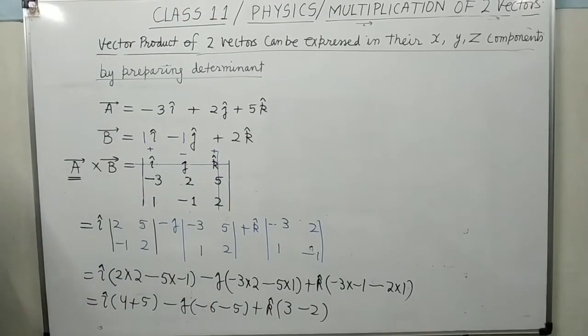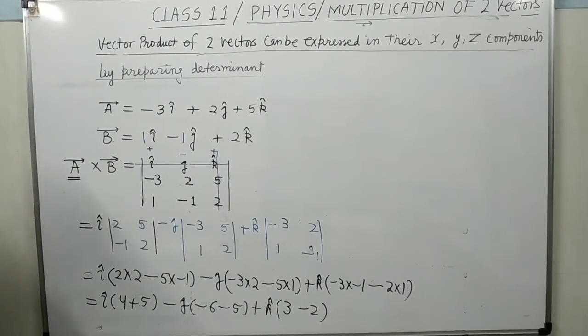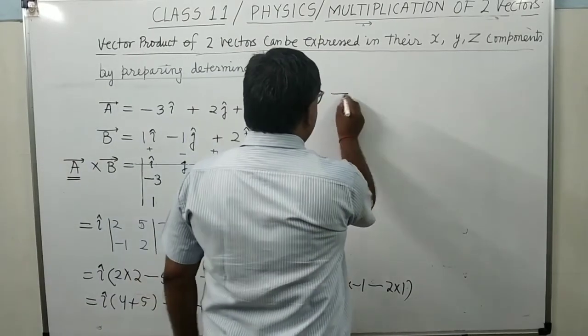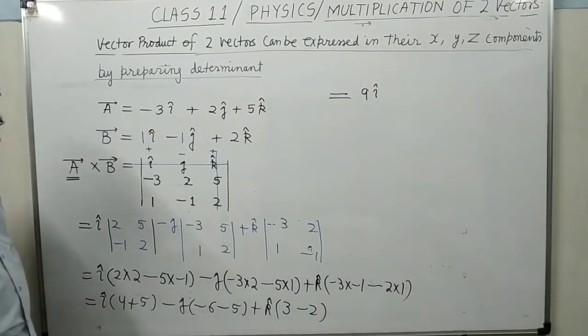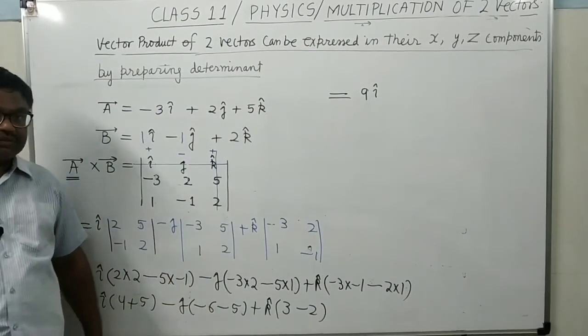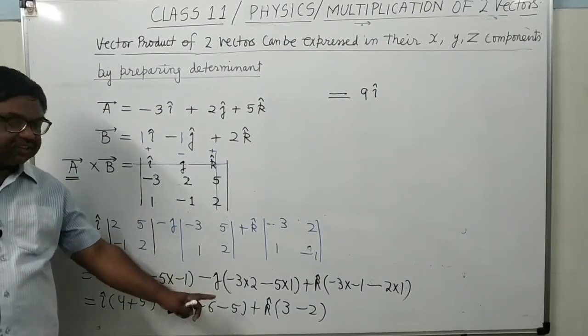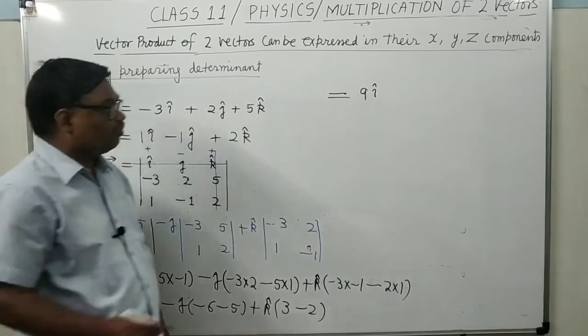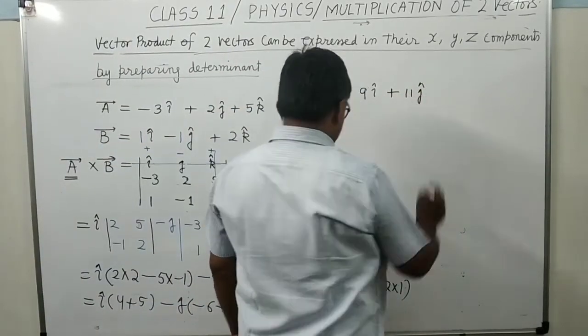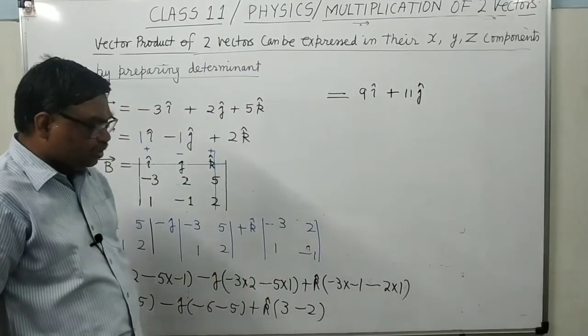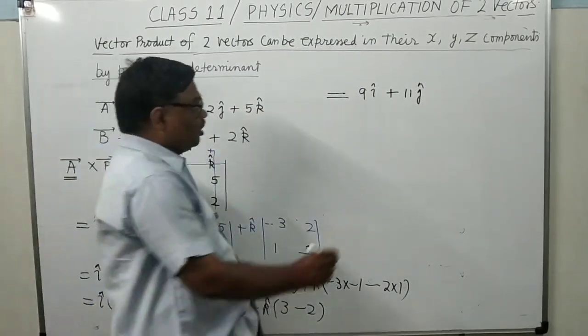Further simplifying, you get 9i. What is minus 6 minus 5? It is minus 11, and there is one minus sign, so it is plus 11j. Then 3 minus 2 is 1, so it is 1k.